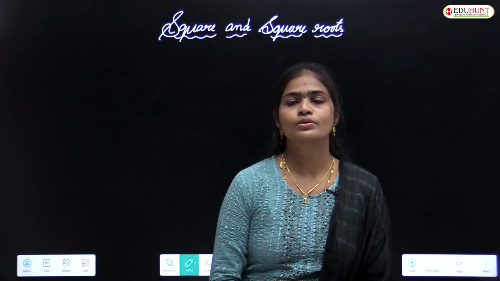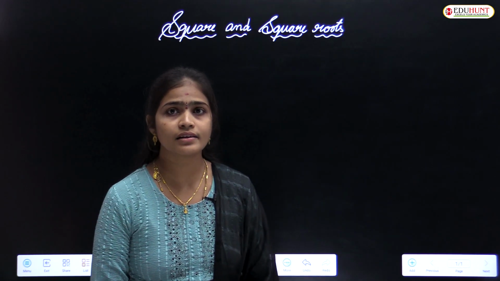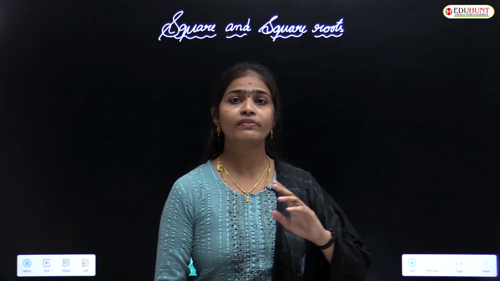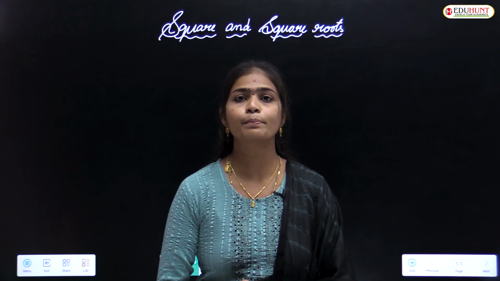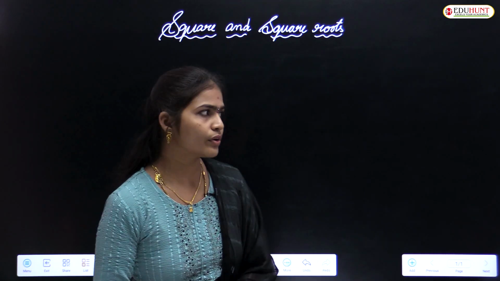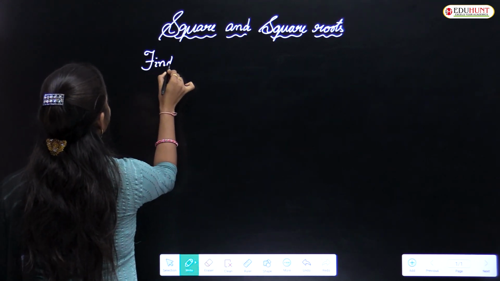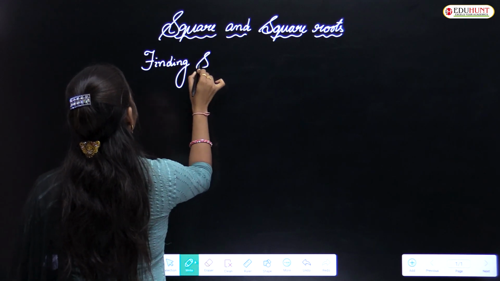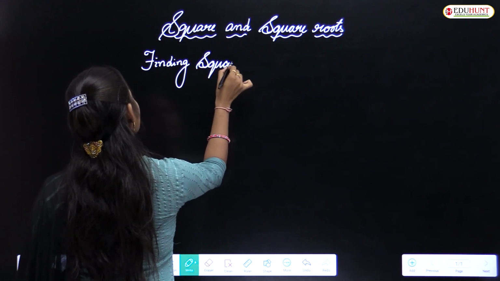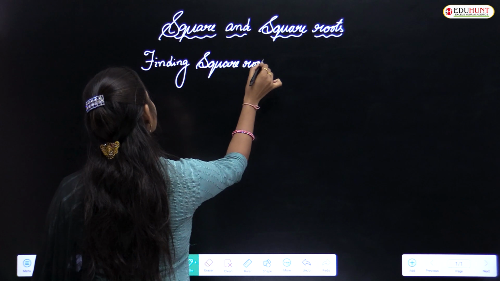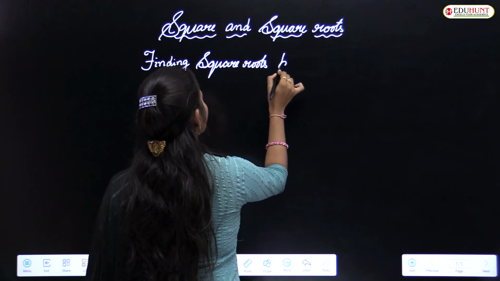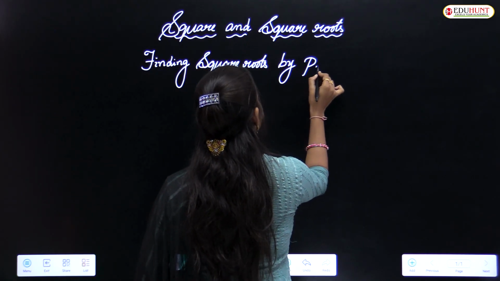Hi children, in this video we are going to discuss how to find square roots. In the previous video we discussed the properties of square roots. Here we are finding square roots by the prime factorization method.